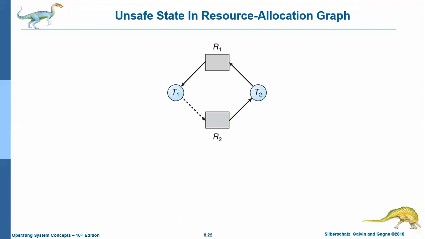But in this case, we can see that a cycle forms in the graph. So this resource will not be allocated to T2. Though T2 has requested this resource, it will not be allocated to T2. This request will not be granted because it may lead to an unsafe state, and consequently, it may lead to deadlock.